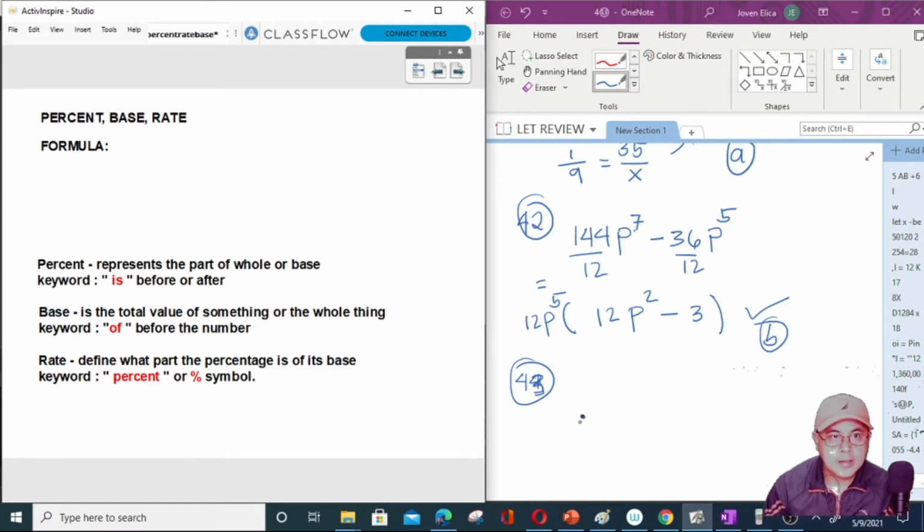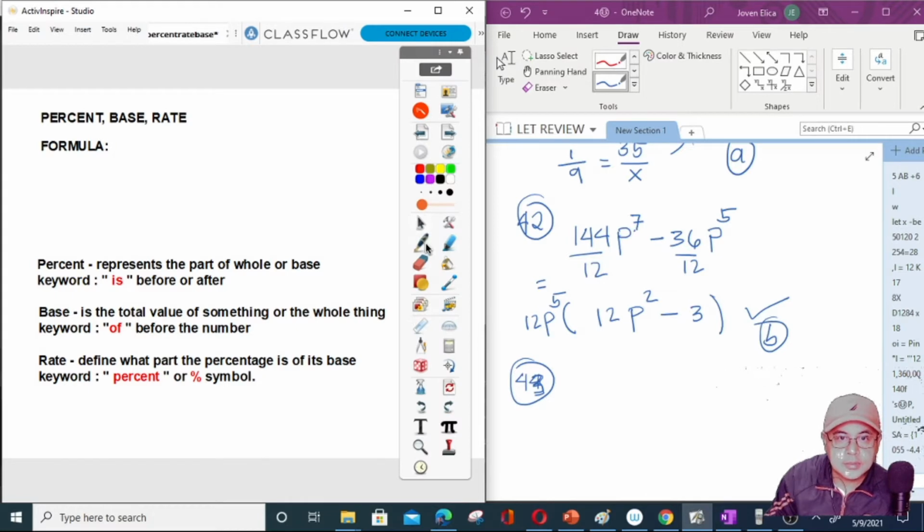No? So percent, base, and rate. These three unknowns can be written in a formula. This is usually written in the formula.